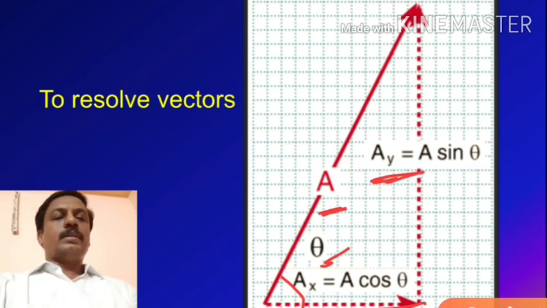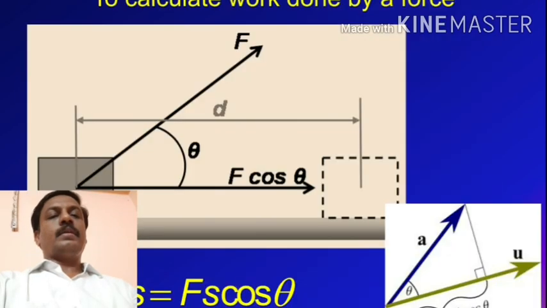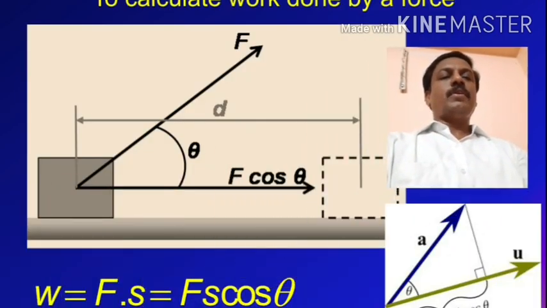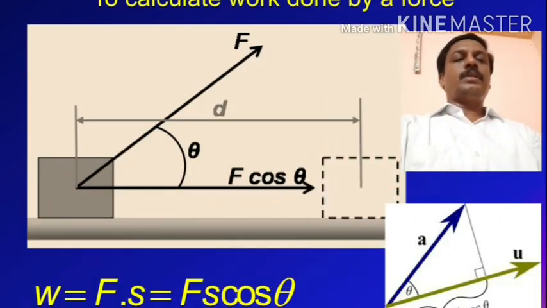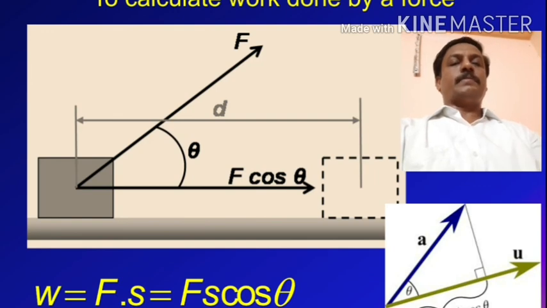So here these trigonometric functions are useful to us. Then in the definition of work also we use trigonometric functions. So far you learned that work is the product of force and displacement.